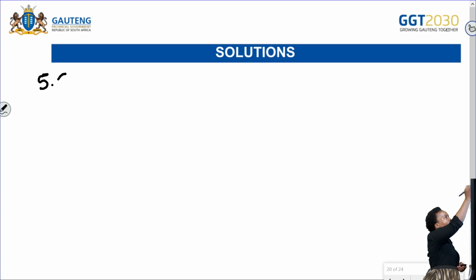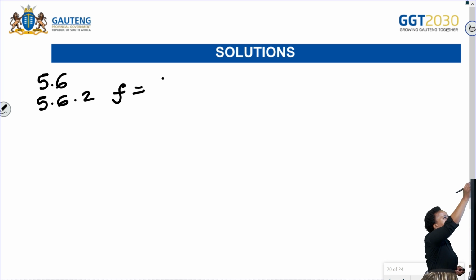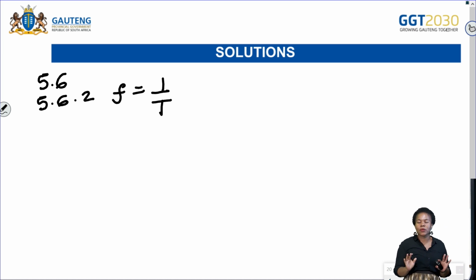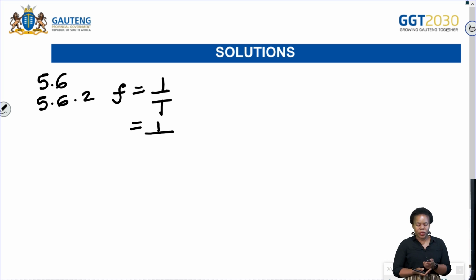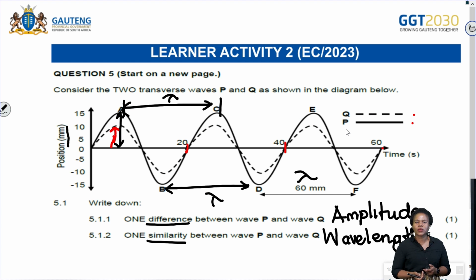So we're looking at 5.6.2. You said frequency is equal to 1 over period. That is how we're going to calculate it. So 1 over, so what is period? It was not given to us, but by being able to define it, we'll be able to point it out.